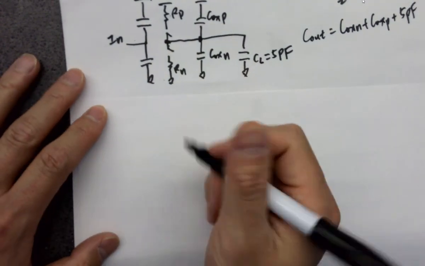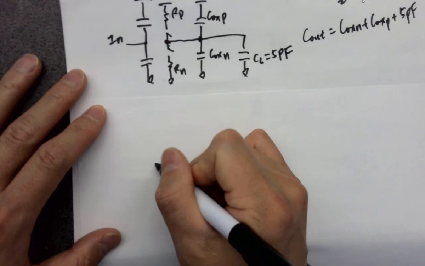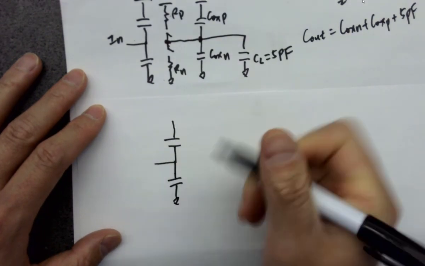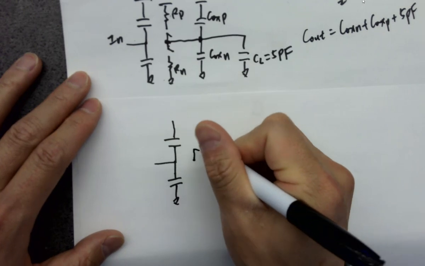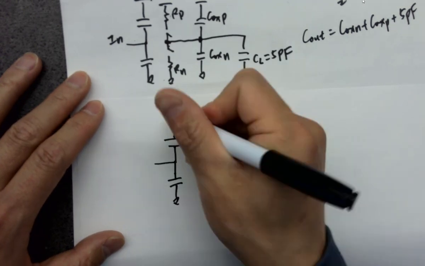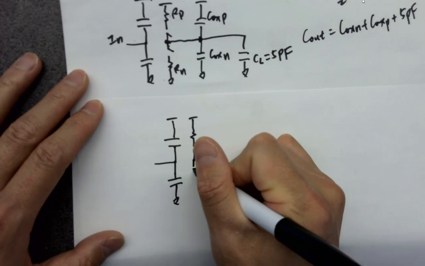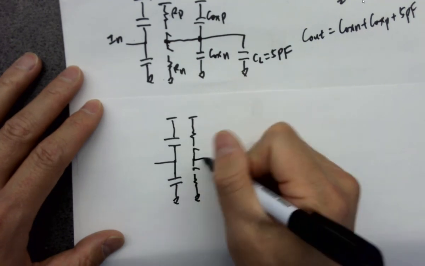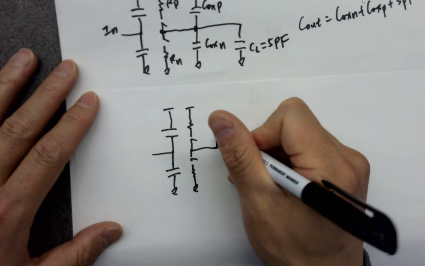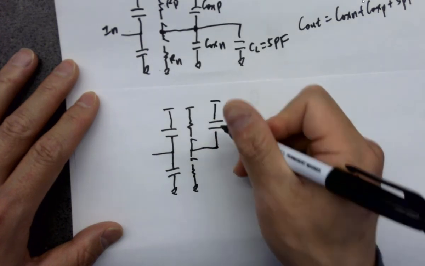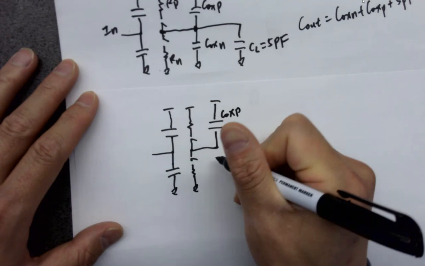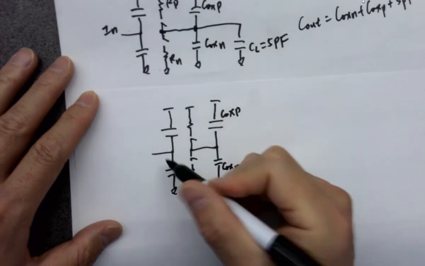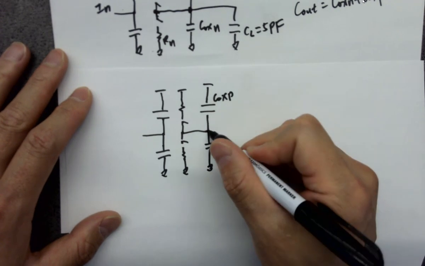In that case, the input is not getting involved in any of the time analysis because they're looking at the output node, but we still draw it here, okay? And here's the output CUX. All right, so that's the first inverter, and then you got a second one.